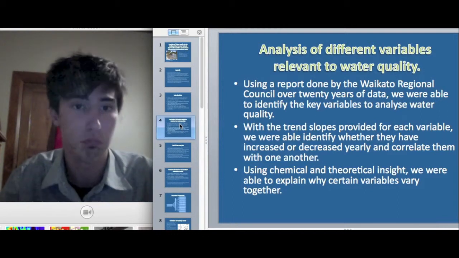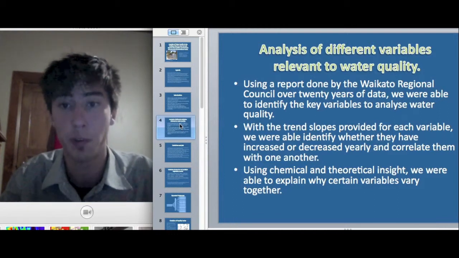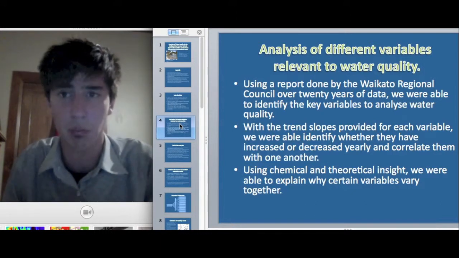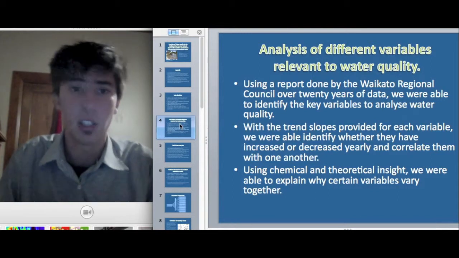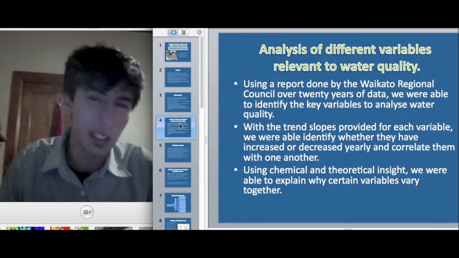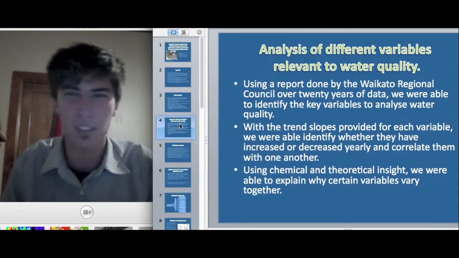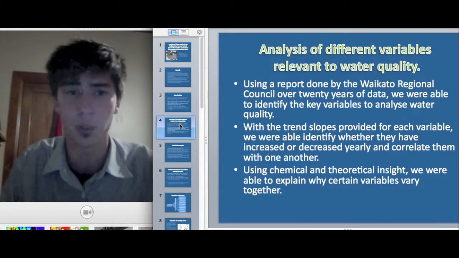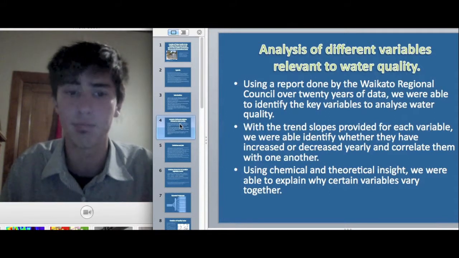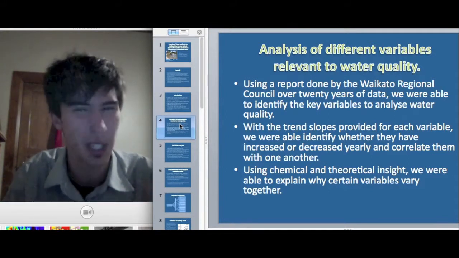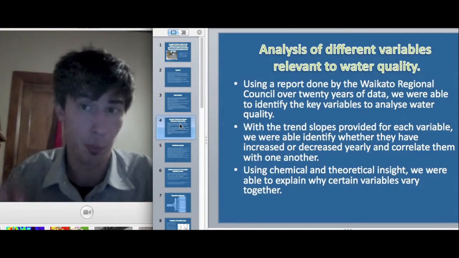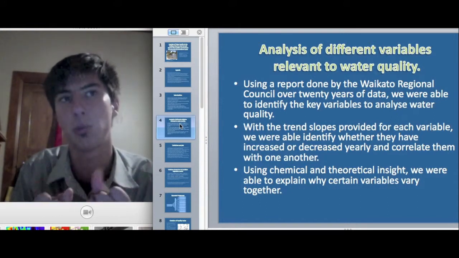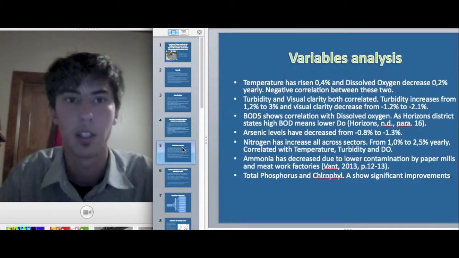So this study was done over yearly trend slopes, which means how they have increased or decreased year to year, and we were also able to correlate them with one another because the results are for every single variable, such as temperature, total nitrogen, total phosphorus, chlorophyll, ammonia, arsenic, and so many other ones. With this insight, we will be able to understand how these ones will be important for our model.